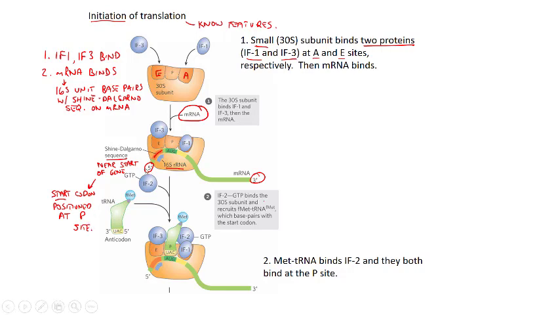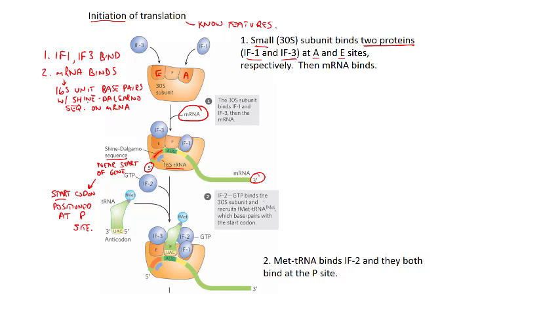So the function of this Shine-Dalgarno sequence is to base pair with the 16S rRNA so that the start codon, which is always AUG, we said last time that the start codon for the first amino acid is always going to be methionine, is going to pair up at the P site. So the function of this is to make sure that our mRNA is oriented the correct way.